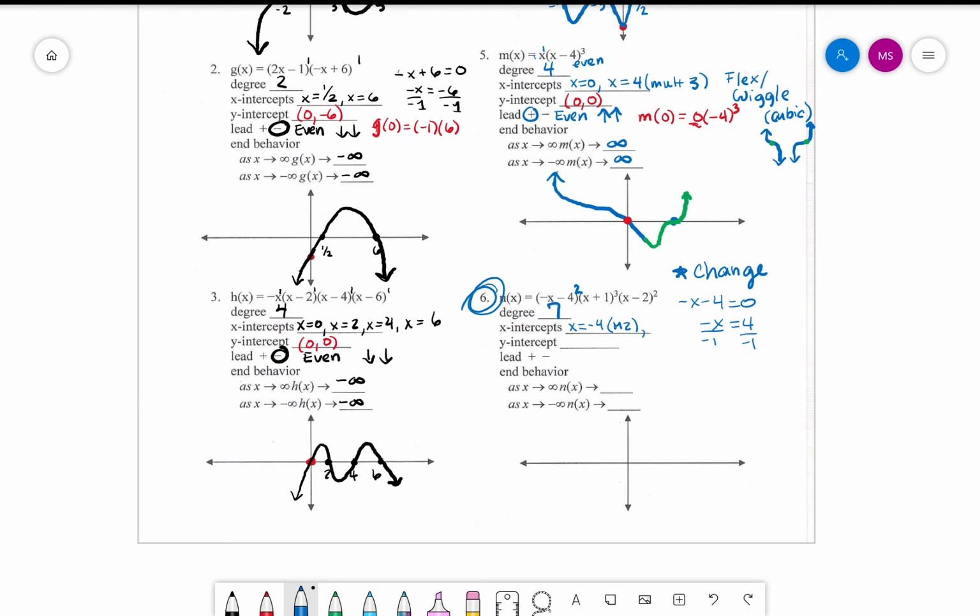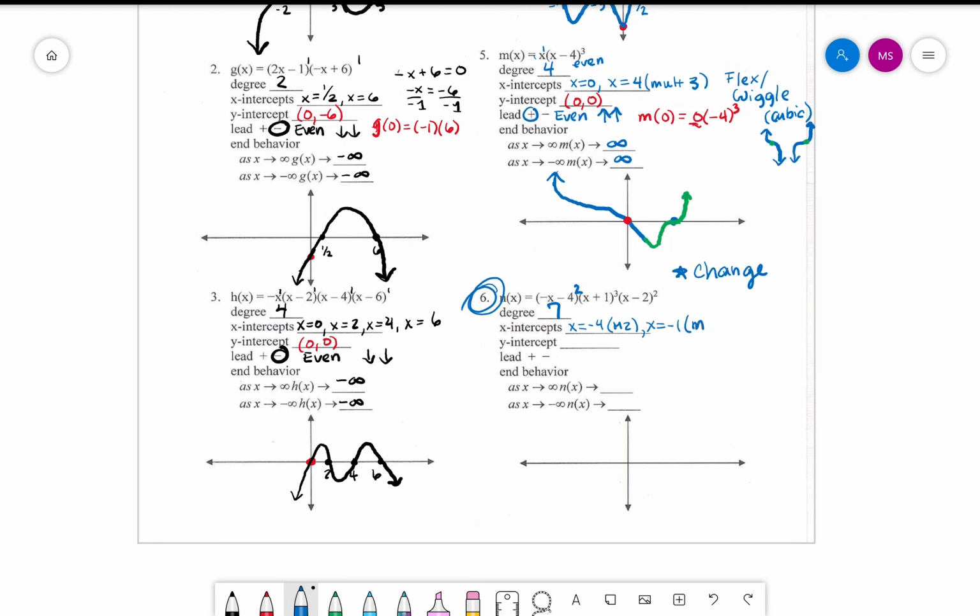You can write them in this manner, and if that's not something that you like and you actually want to just write the whole thing, that's fine. I will take either or. Again, I just want to see that you know that this has a multiplicity.